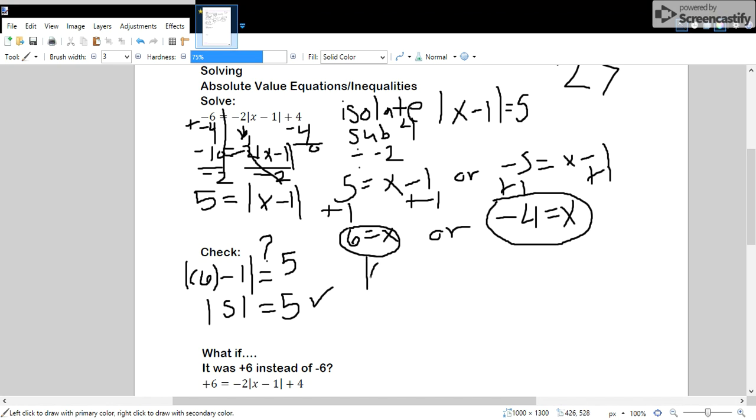Okay, let's check -4. -4 minus 1, the absolute value of it, does it equal 5? Well, -4 plus -1 is -5. And the absolute value of -5 is 5, so that works as well. So both x equals 6 and x equals -4 are solutions to this equation.